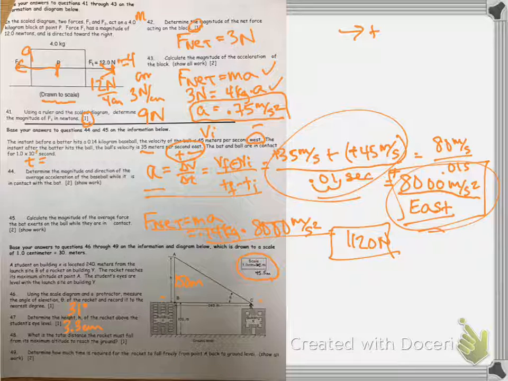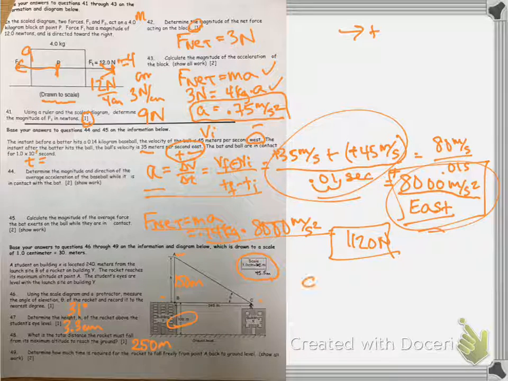What is the total distance the rocket must fall from its maximum altitude? So this is the maximum altitude, so the total distance the rocket must fall is 150 plus 100 is 250. This seems very easy. Determine how much time is required for the rocket to fall freely. So this is a kinematics question.